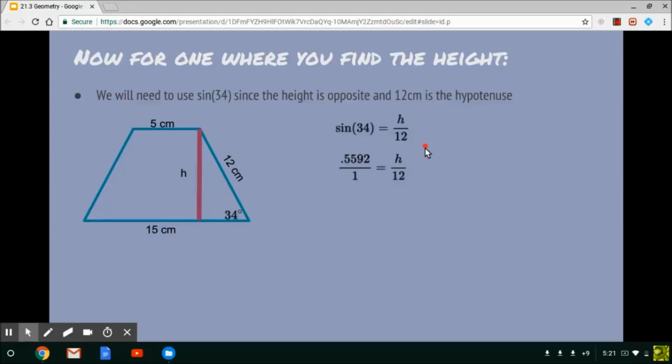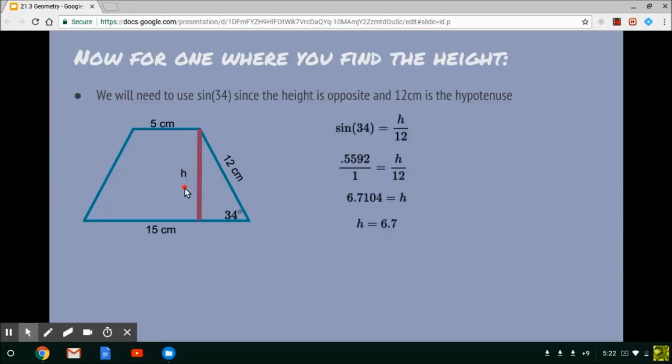And this is the point where we cross multiply. So when we cross multiply, we're taking the 12 and multiplying by 0.5592, and we get 6.7104. And then this way we do h times 1, which is just h. And so when we round this, we're just going to round to 1 decimal place. So the height ends up being 6.7.